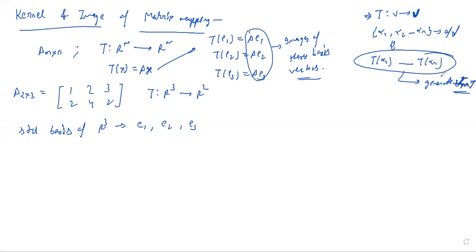Applying this here, we have our basis vectors e1, e2, e3, which are spanning my vector space R cube.